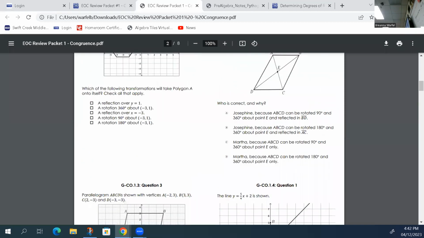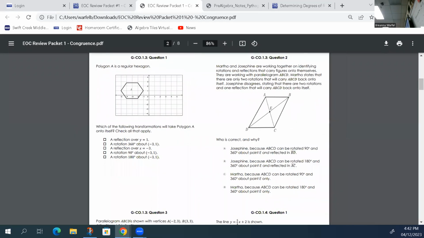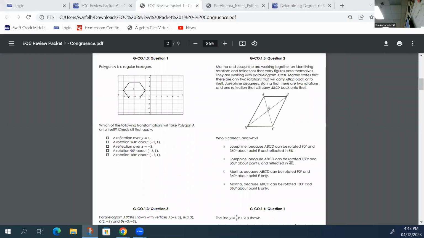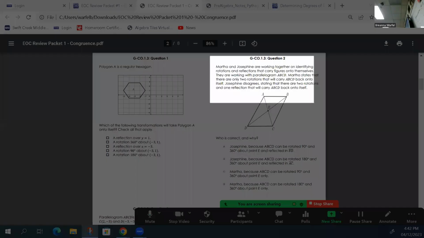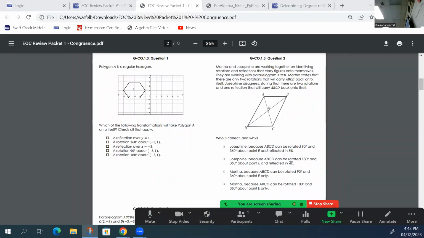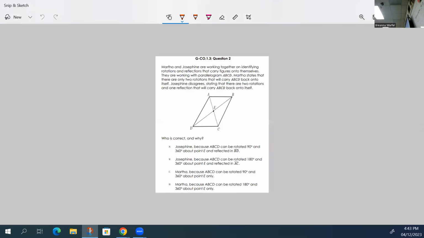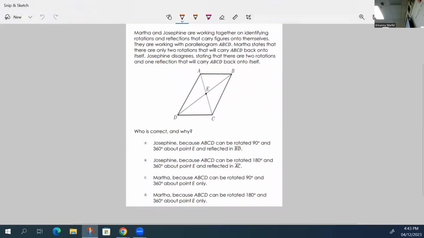A lot of people also got number 7 wrong, so we're going to go over number 7. All right. So it's asking you again, which ones are going to carry it back onto itself.